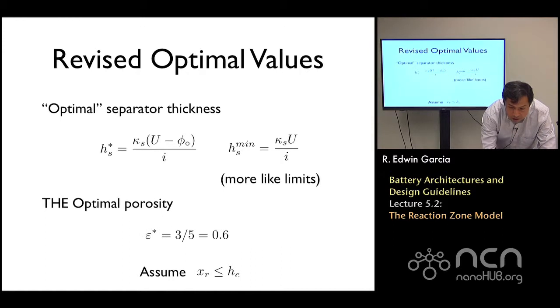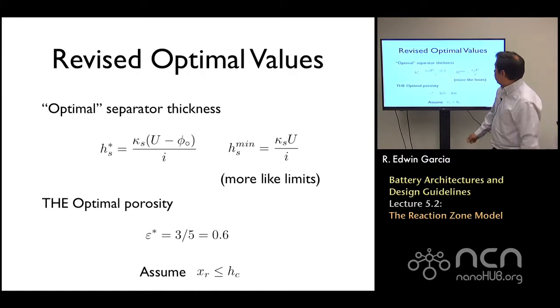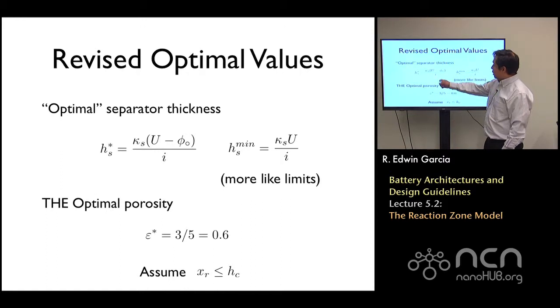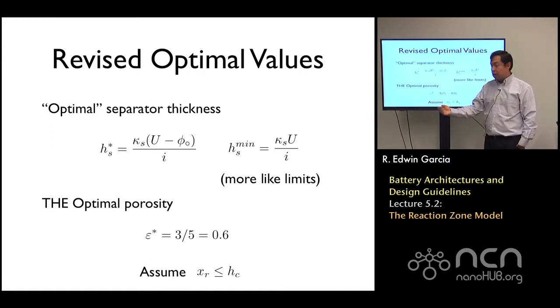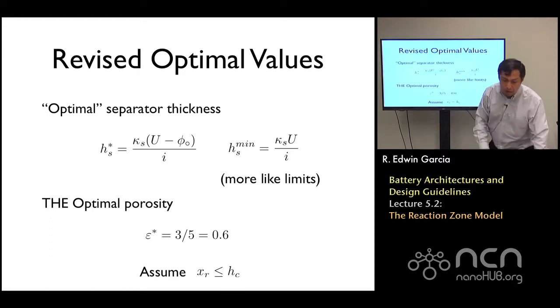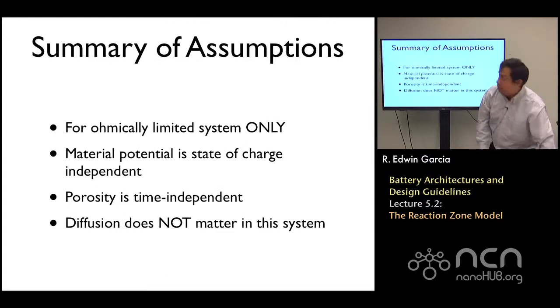So if we summarize all of this, really what we're saying here is that the optimal separator thickness will be given by the thickness of the different layers, in this case of the separator, and an optimal porosity for the system. And in this case, we're assuming always that the reaction zone always reaches the end, right? If you have some phantom reaction zone where you actually go beyond the thickness, then this model is not valid anymore.